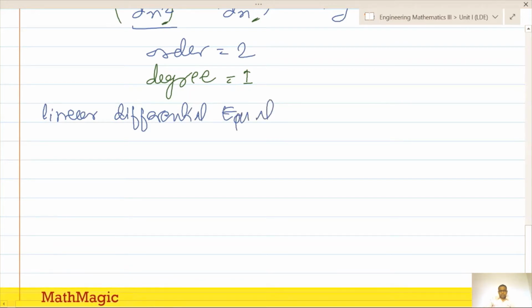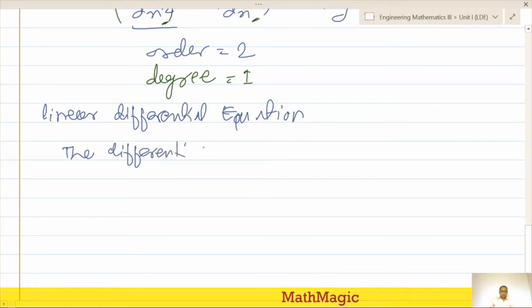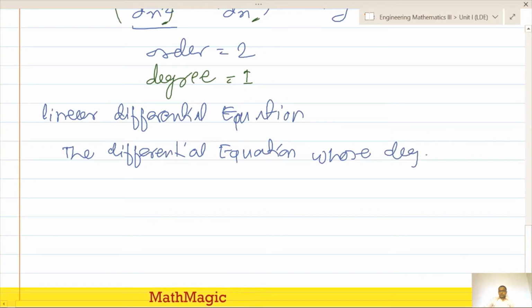Actually, you have learned about this in a previous standard. A linear differential equation means the differential equation whose degree is strictly 1. This is very important.